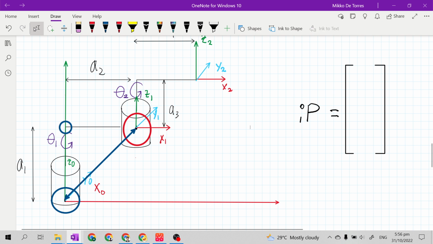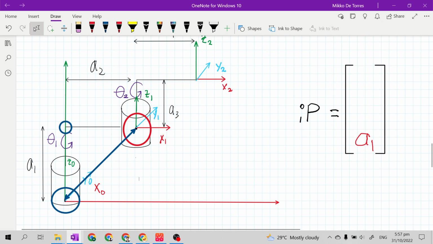So our z coordinate is a sub 1. I hope you get why it is a sub 1. Again, a sub 1 is the link length, the measurement of how far is the origin of frame 1 to frame 0 along z sub 0 axis. That's why this is indicated here.